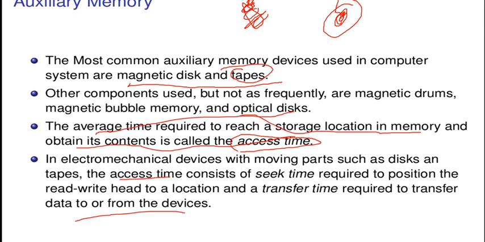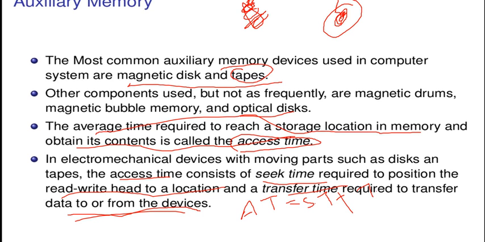So seek time is required to position the read-write head to a location, and transfer time is required to transfer the data to or from the device. So access time will be equal to seek time plus transfer time.